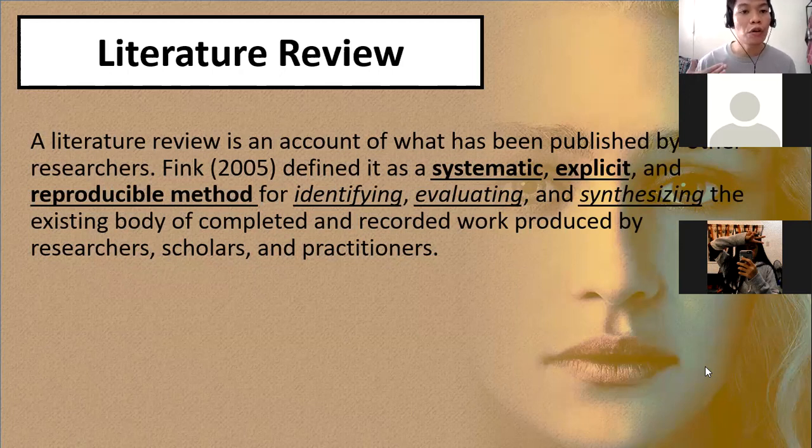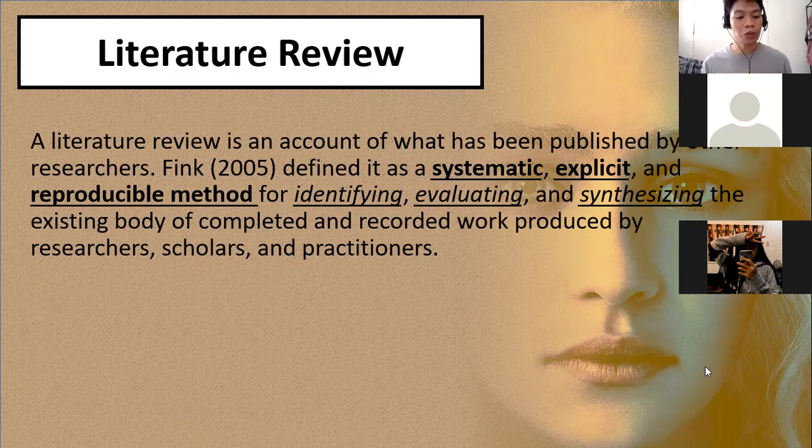So you need to search for literature review about existing knowledge related to emotional responses of people when they play online games, and you also need to find literature review about online games because these are the topics that are connected to your study.